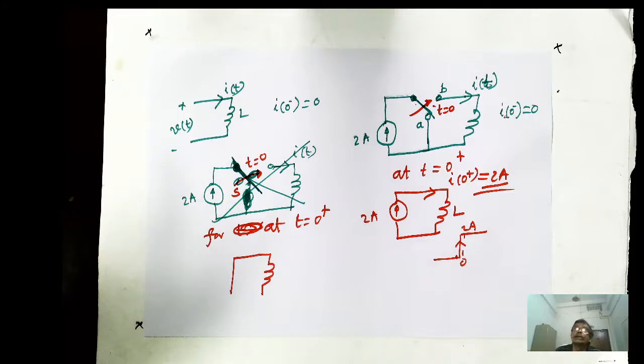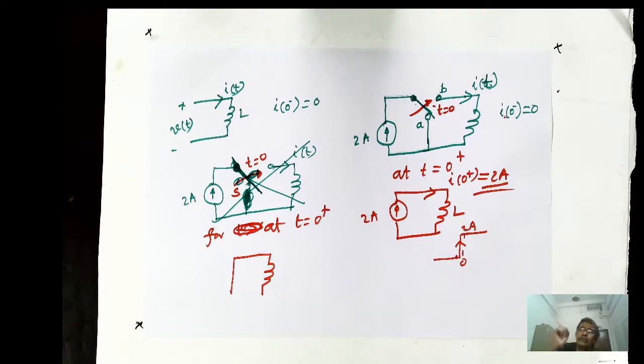Suddenly I will connect that current source in series with an inductor which, for example, was not carrying any current prior to t equal to 0, that is, at 0 minus. I connect it. What happens? This is what is going to happen. Current definitely will have a step jump, and in order to have that change, the voltage across the inductor, don't worry, will become an impulse. A very large spike of voltage will appear. And once again, such situations are to be avoided.